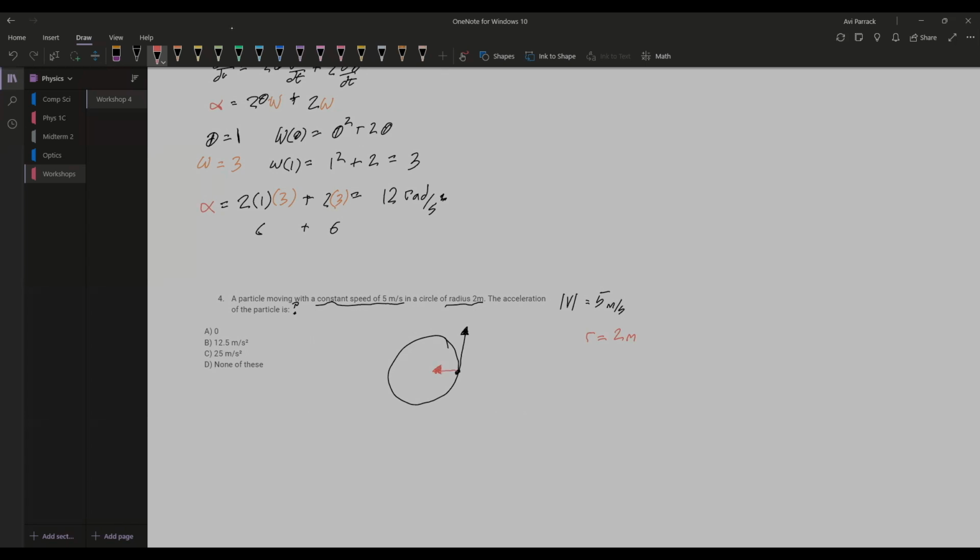No, it is not. It's a constant speed. So we don't have any acceleration that's going in this direction or in this direction. We only have this centripetal acceleration. Is that right? Let's see. A constant speed, radius of that. Okay.